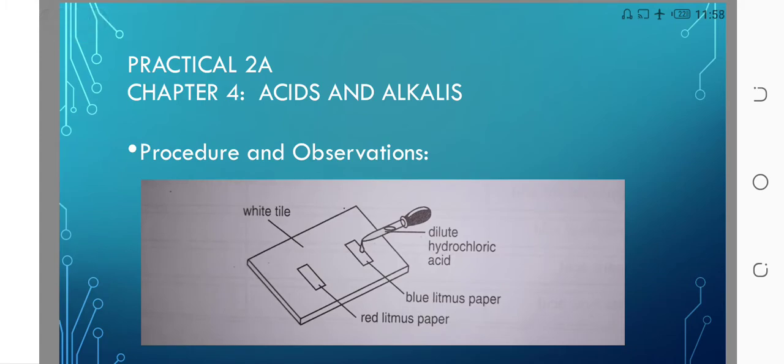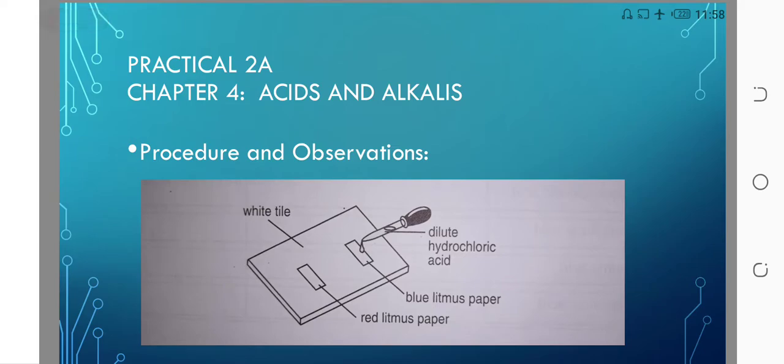The first step is to put a piece of blue litmus paper and a piece of red litmus paper side by side on a white tile. Then we use the dropper to add a drop of dilute hydrochloric acid to both pieces of litmus paper, red and blue.